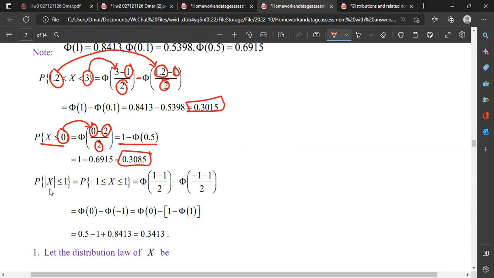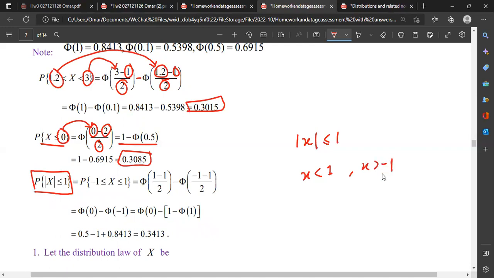And the last part: the probability of modulus x less than or equal to 1. We know that modulus x less than or equal to 1 means x is less than or equal to 1 and x is greater than or equal to minus 1.